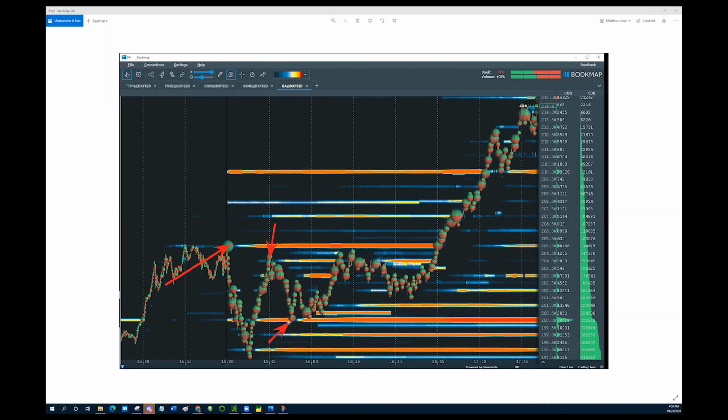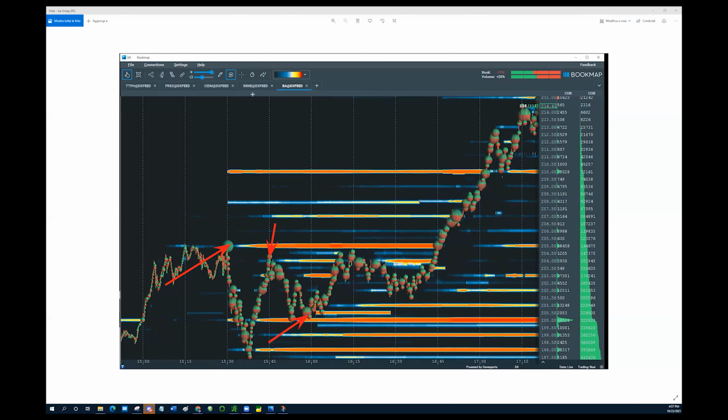So the buyers step in at this 200. You see this level. Once we have the dot touching the level over here, orange means we have right away buyers here. In this case, they bounce it. We have another higher low, so they retest that support 200, and now they start pushing.